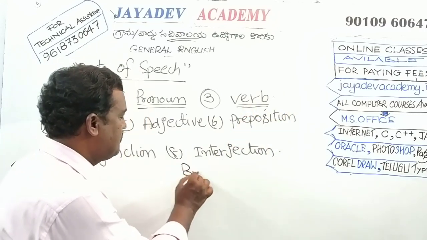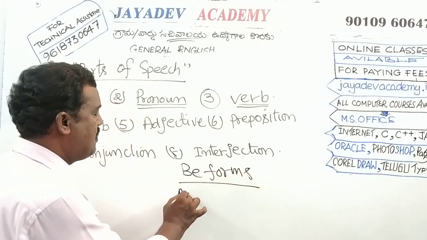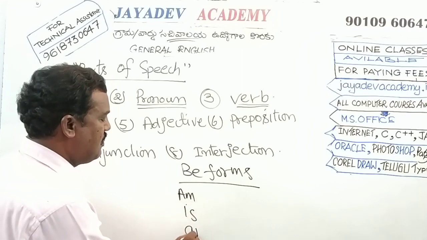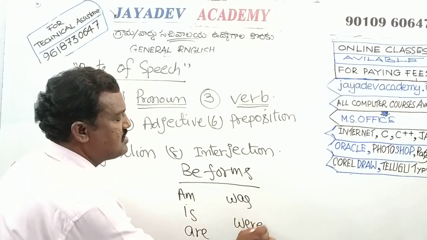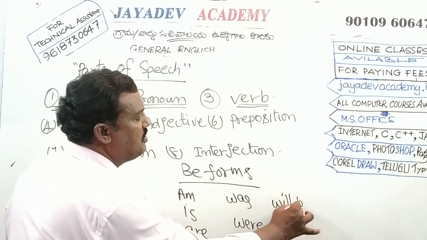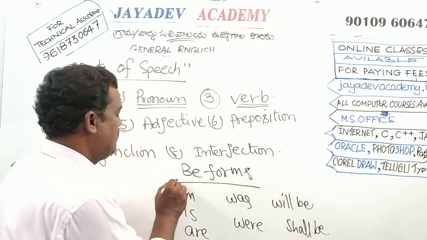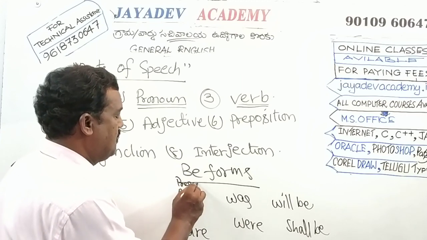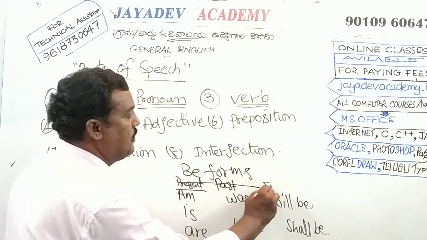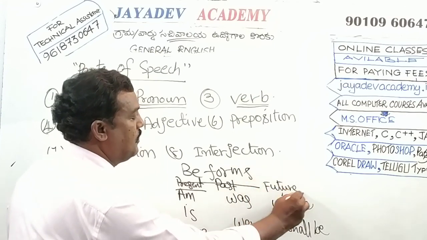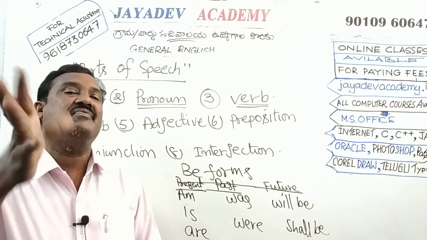Be forms: is, am, are for present; was, were for past; will be, shall be for future. So be forms express the position of a person.